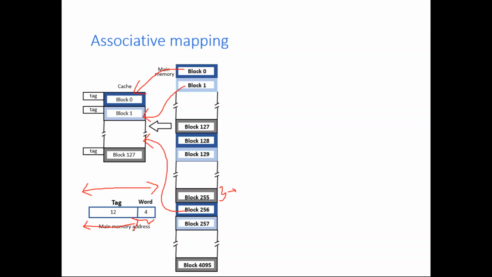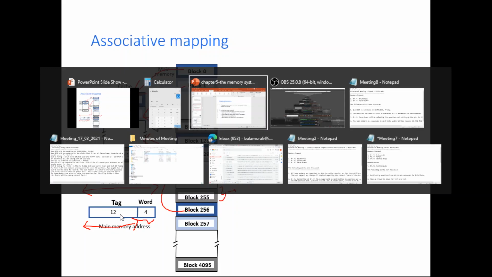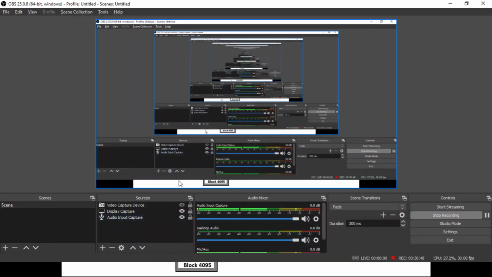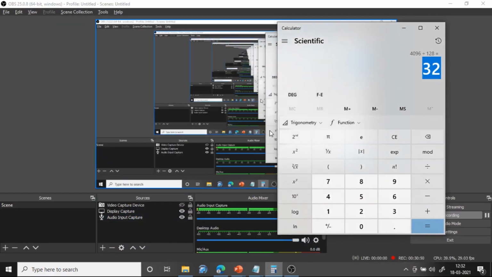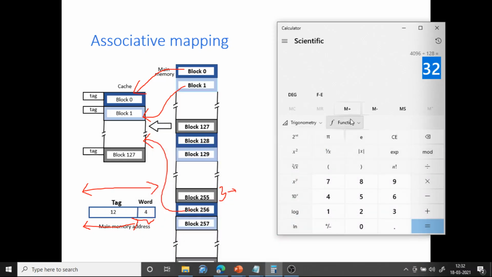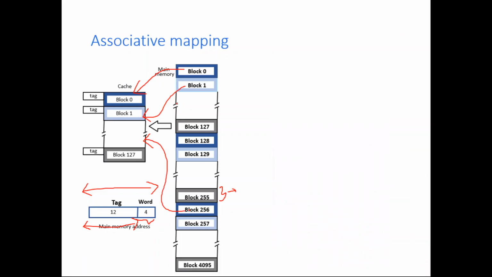So any block can be kept in any empty location in the cache. Using 12 bits you can address how many blocks? You can address 2 to the power 12 blocks, which is nothing but 4096.